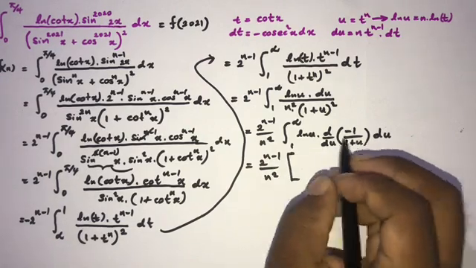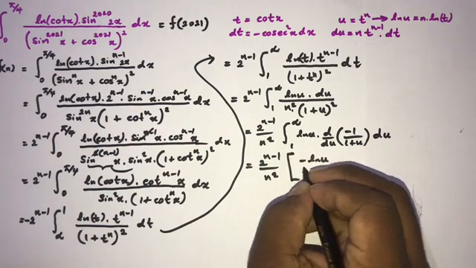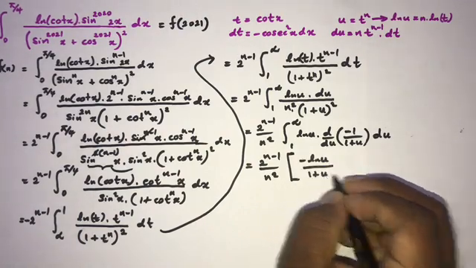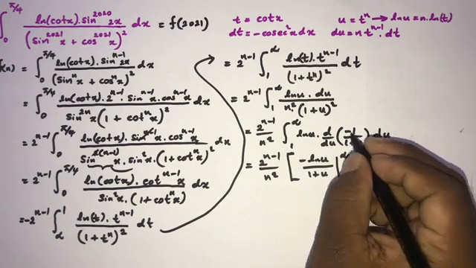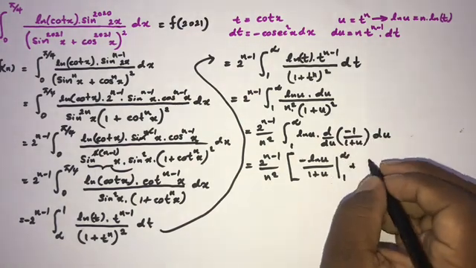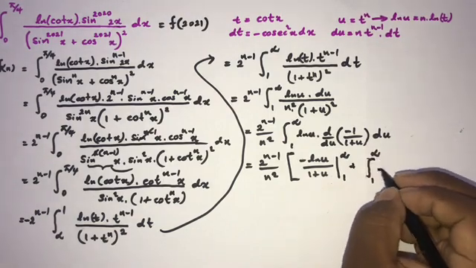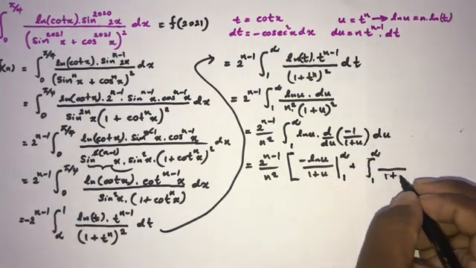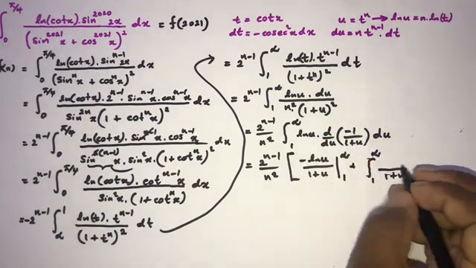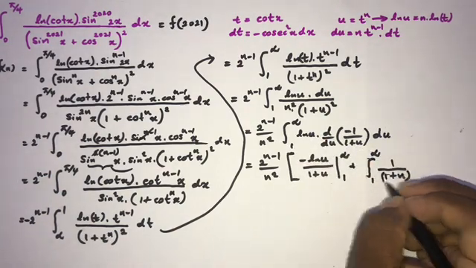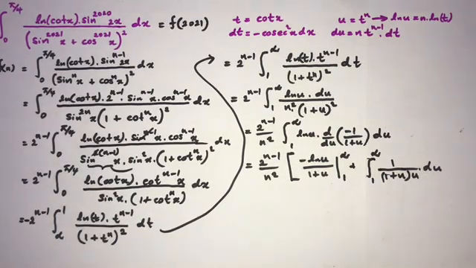Now the product of these two functions, so minus natural log of u over 1 plus u from 1 to infinity, then minus, also here minus, so plus integral from 1 to infinity. Now rewrite this function: 1 plus u, and the derivative of natural log of u we know is 1 over u, here du.